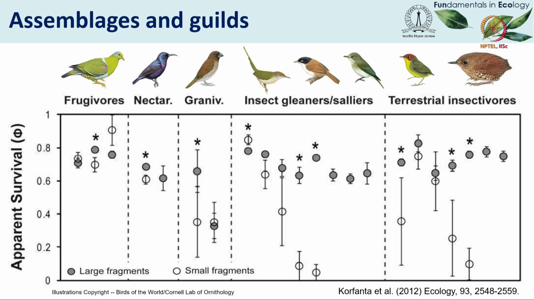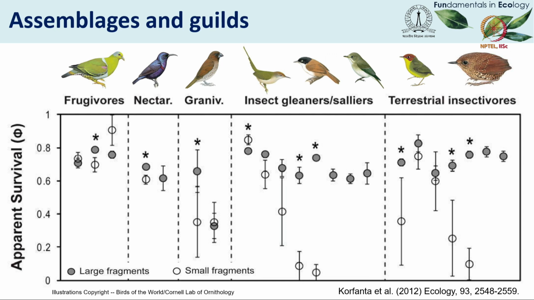And we have reason to believe that the diet of the species, what the species eats, changes the way in which it can or cannot survive in large fragments versus small fragments.